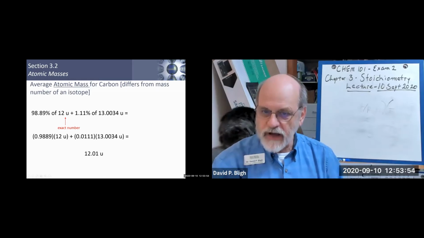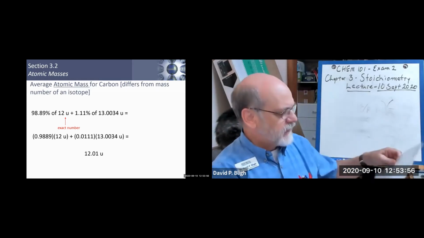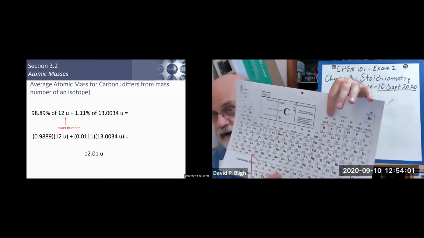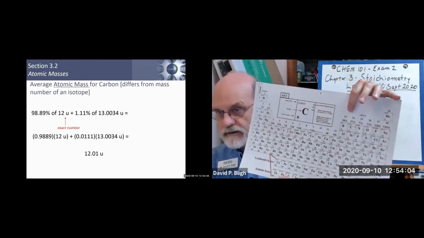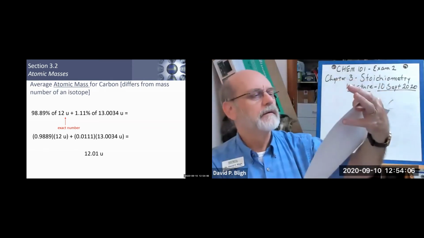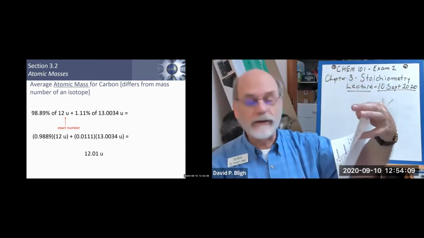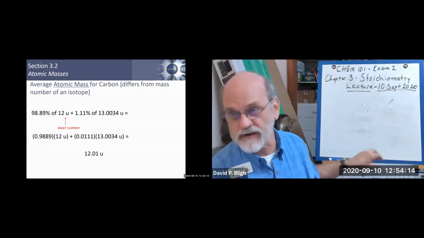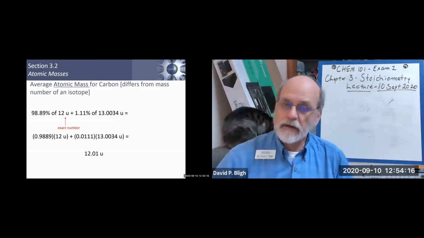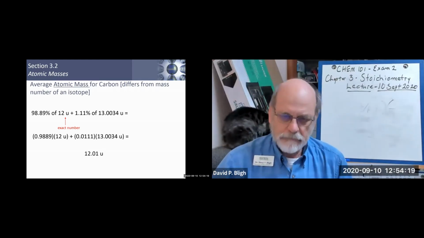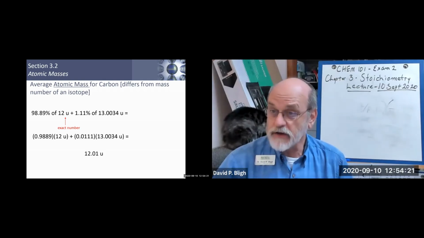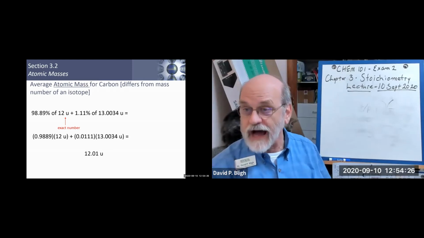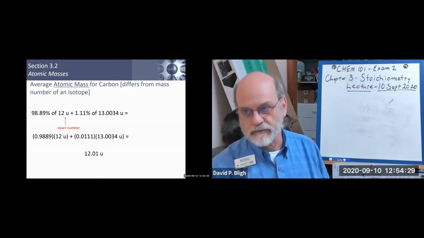So if you look at your periodic table, then in the upper left-hand corner on this version, you'll see a value that's a fraction. This is 12.01, actually 0111. I always round it off to 2 decimal places, because that's sufficient for our work. But those fractional values represent a weighted average for the isotopes of each element in nature.